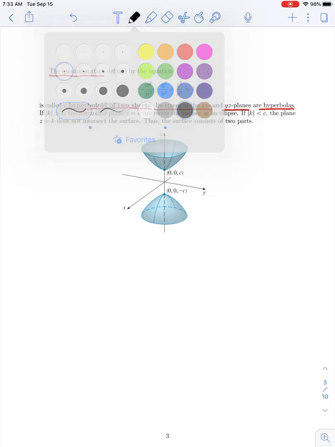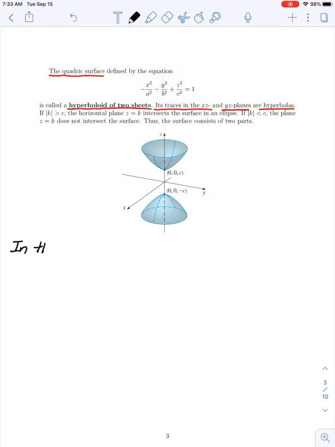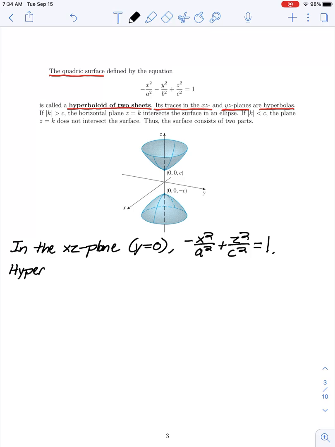So starting with the xz plane, which would be the plane y equals 0, our equation would be of the form negative x squared over a squared plus z squared over c squared is equal to 1, which defines in that plane a hyperbola that does not have x-intercepts, but has z-intercepts of 0, plus or minus c.